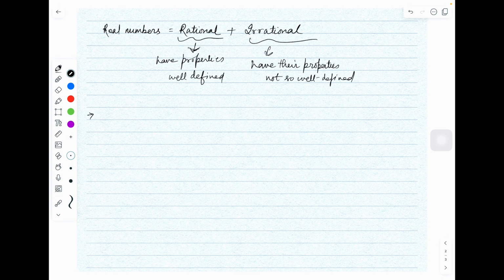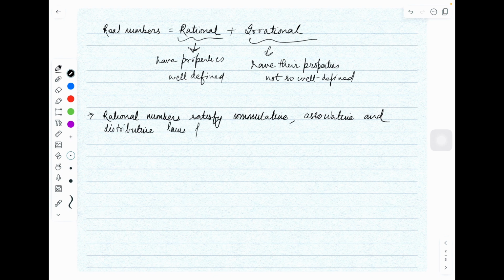Rational numbers satisfy commutative, associative and distributive laws for addition or subtraction.